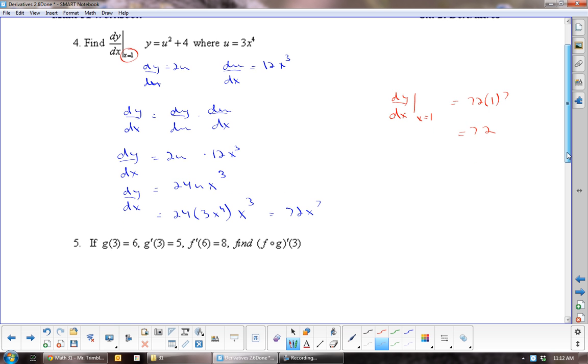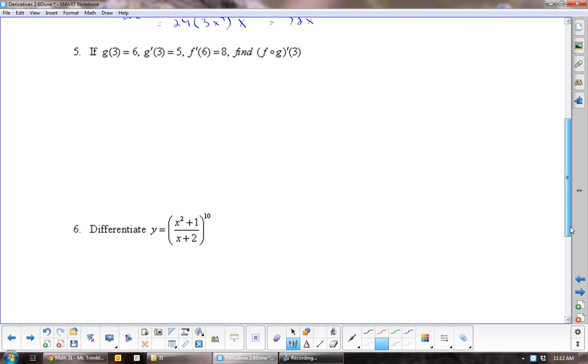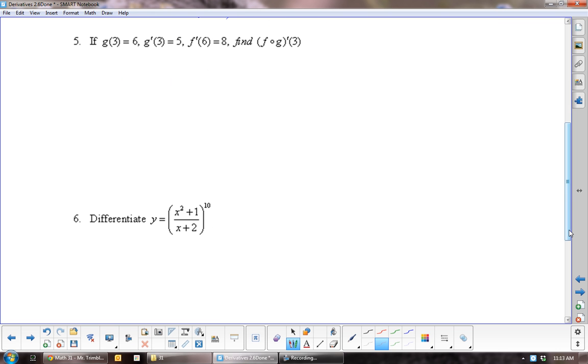Okay, now here's another one of these that we've been doing pretty well in every one of the rules. It's do the derivatives and then substitute in. So we're doing f of g of x. What does this equal? F prime of g of x times g prime of x.